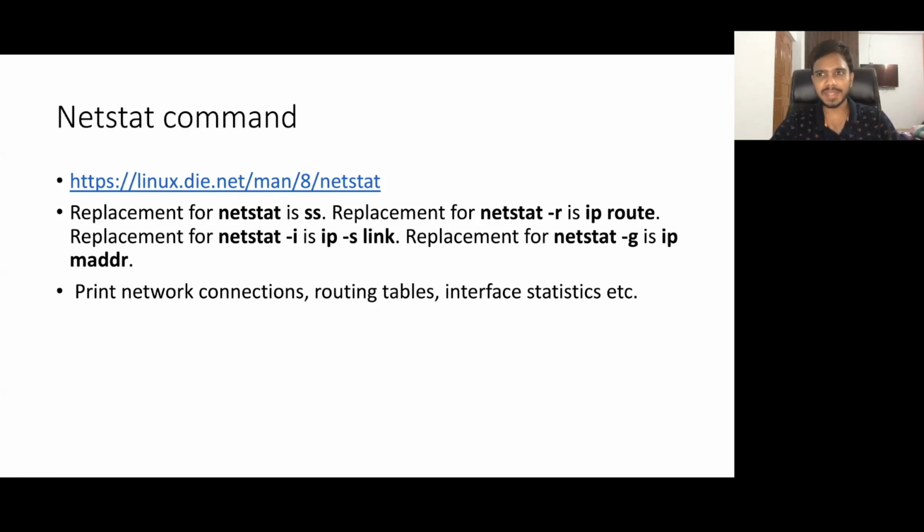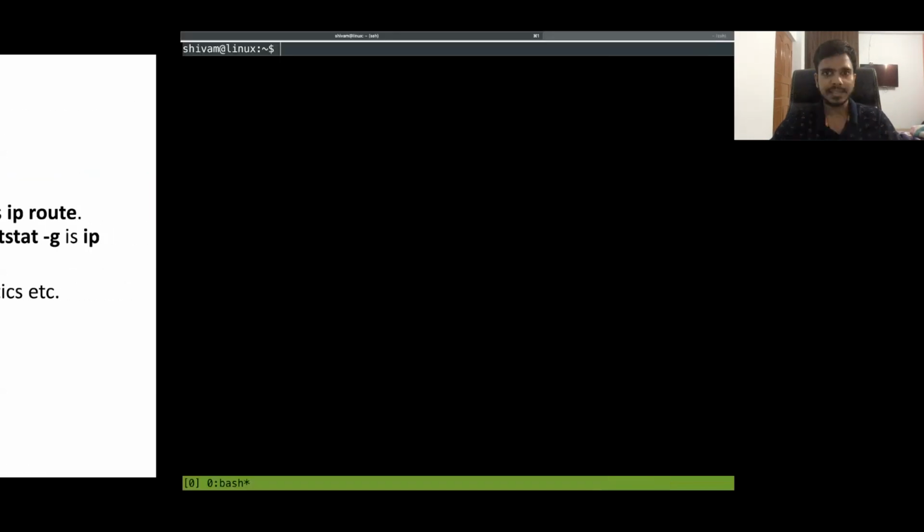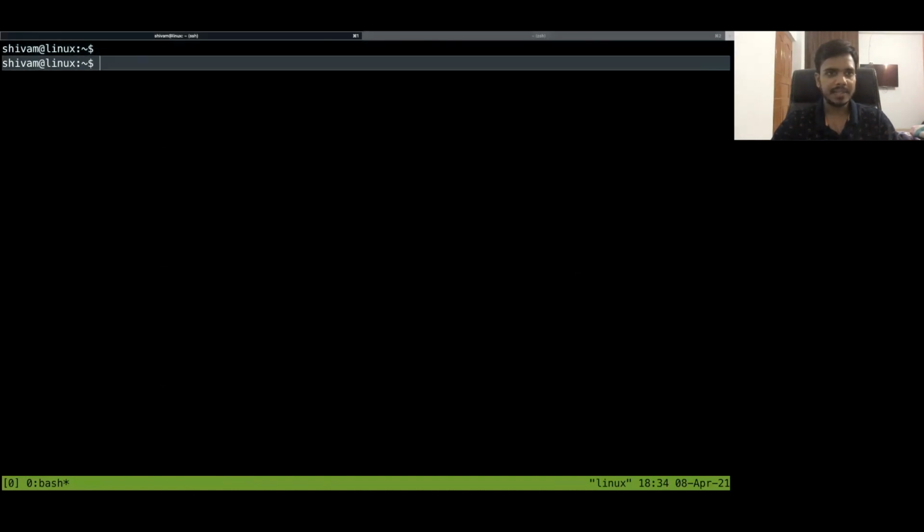I've already shown you many examples in my socket programming videos, and I will show you some examples here also. This link is the manual page of the netstat command. If you are interested in knowing all the options that you can use with netstat, you can visit this web page. And in your system itself, you can just type man netstat.